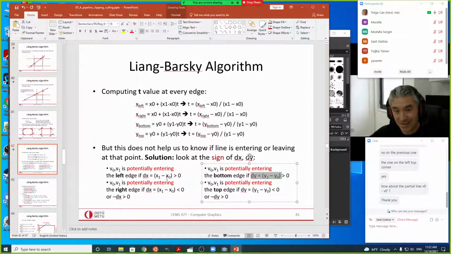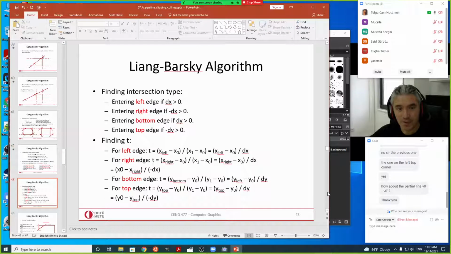So these are the delta x values, and the delta y values are computed by just subtracting these two values. Potentially entering the left edge is determined by looking at the sign of dx. If dx is a positive number, it's potentially entering the left edge, and it's potentially entering the right edge if dx is a negative number. This is how the labeling is done.